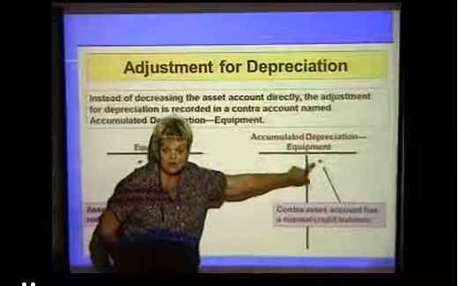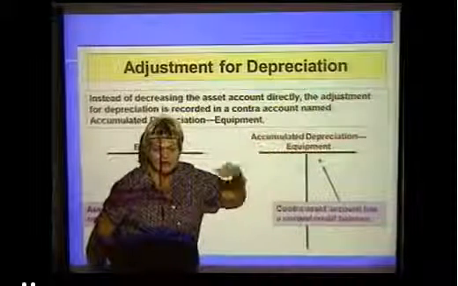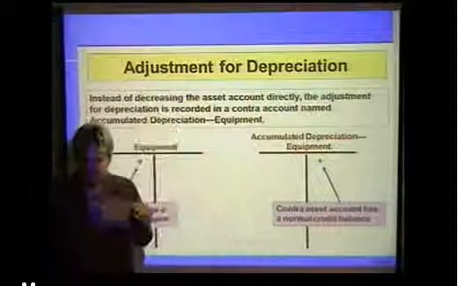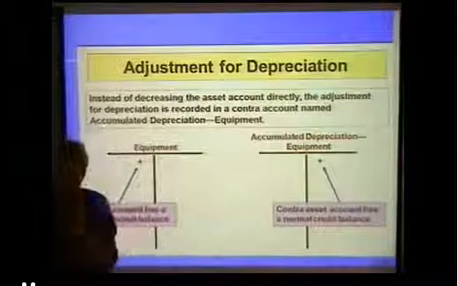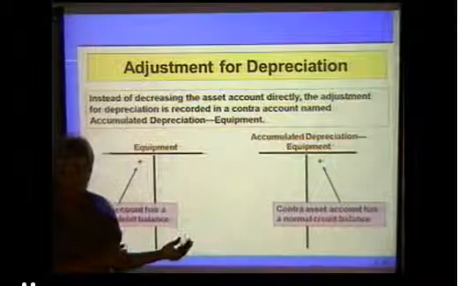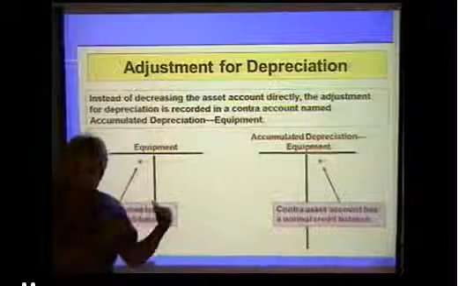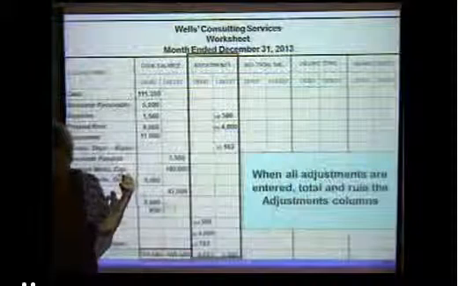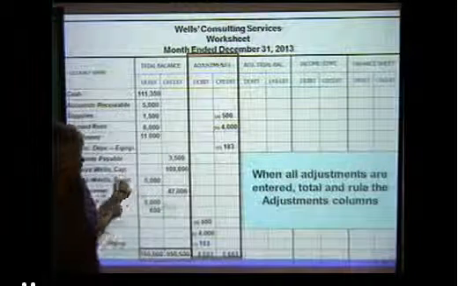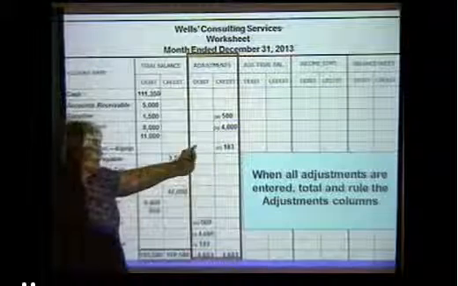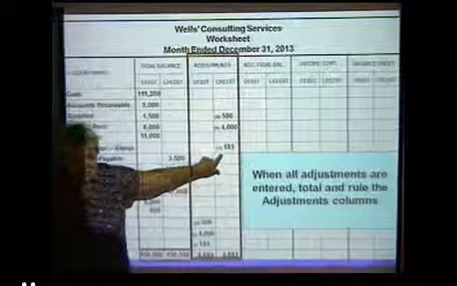So we never touch the asset account, we use the accumulated depreciation account to keep up with the reduction in value of the asset. Alright, so we debit depreciation expense, we credit accumulated depreciation on the equipment, and then we double line it.